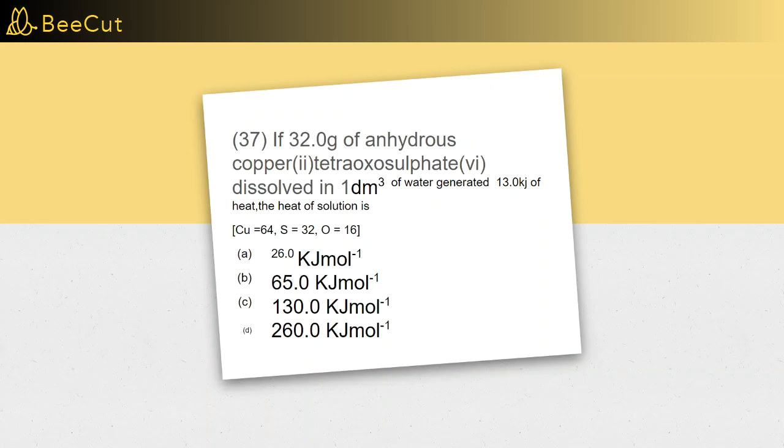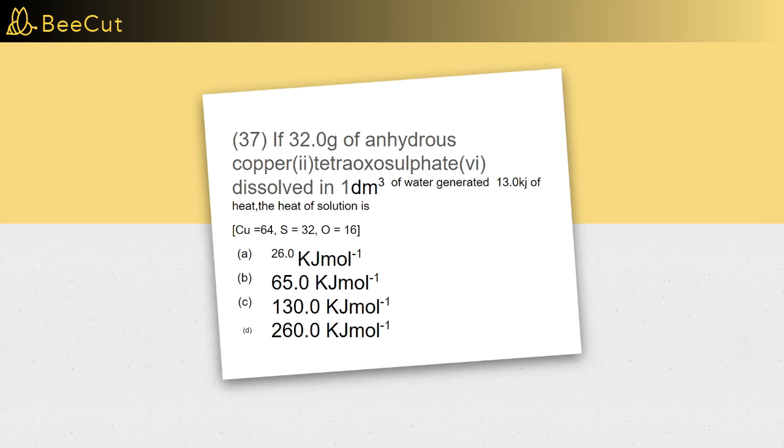Number 37. If 32 grams of anhydrous copper(II) sulfate, CuSO4, dissolved in 1 dm3 of water generated 13 kilojoules of heat, the heat of solution is what? We're given the mass of copper to be 64, sulfur 32, oxygen 16.